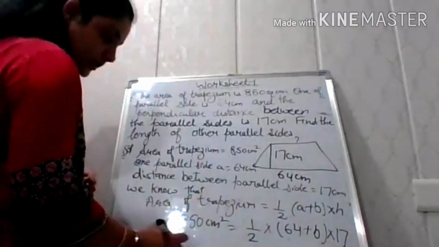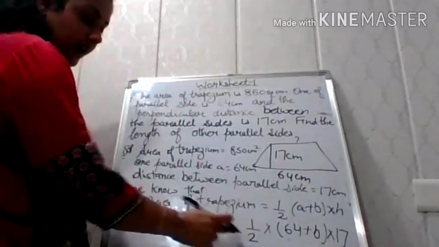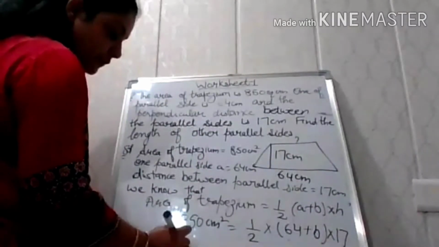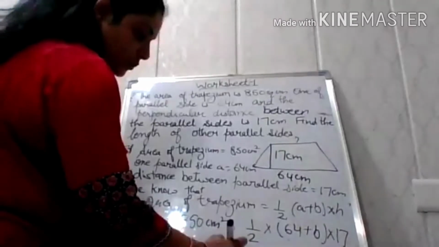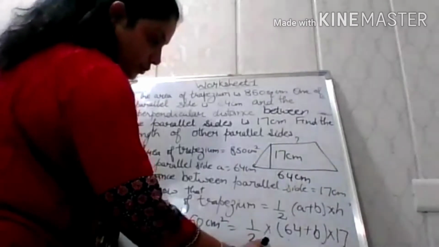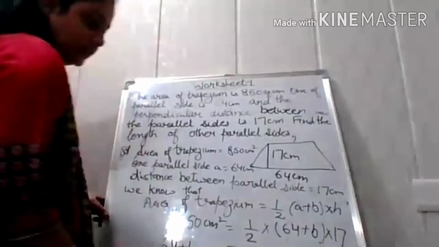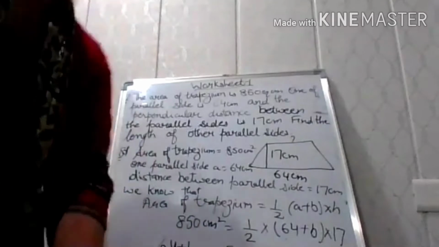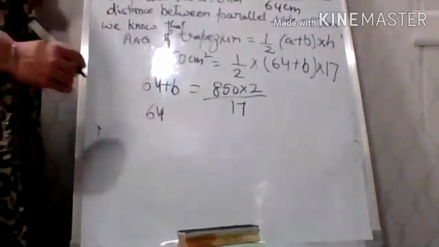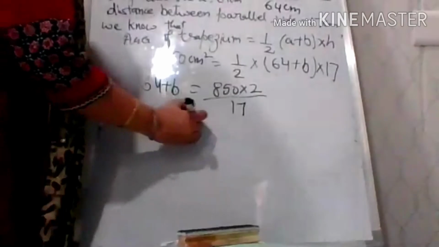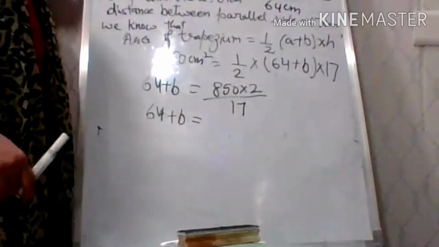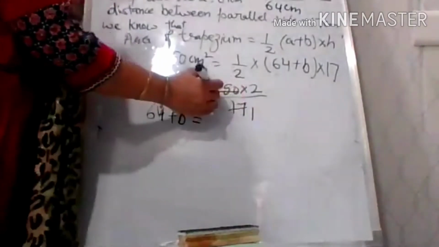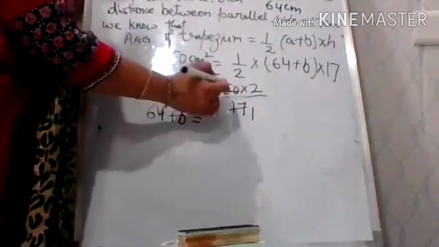Now how can we solve it? Here 2 is dividing, on this side it becomes multiplication. So what we have, 64 plus B is equal to 850 multiply by 2 divide by 17. 64 plus B is equal to, you multiply. 17 ones are 17, 17 fives are 85, 0.